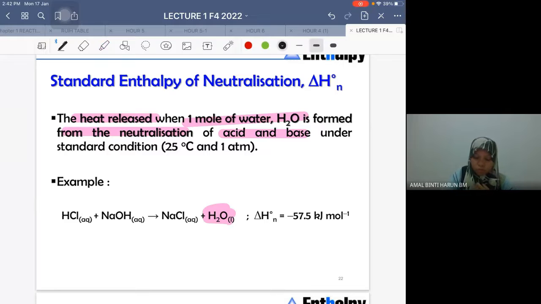Okay. Ni. Mesti satu. Tak kisahlah pakai acid apa, base apa, tak kisah. Yang penting satu mole water je. You balancekan lah apa benda yang terjadi. Okay. Dan dia heat release, dia sentiasa heat release.